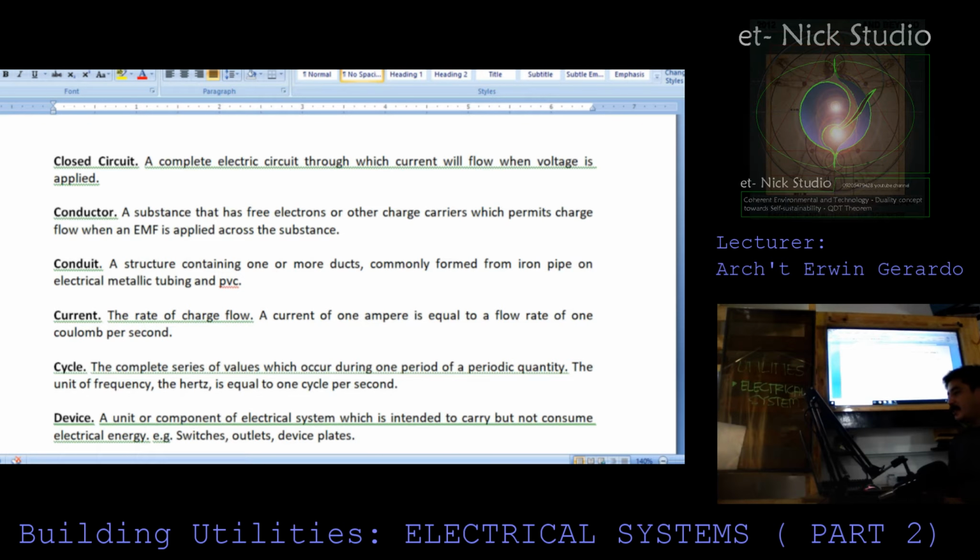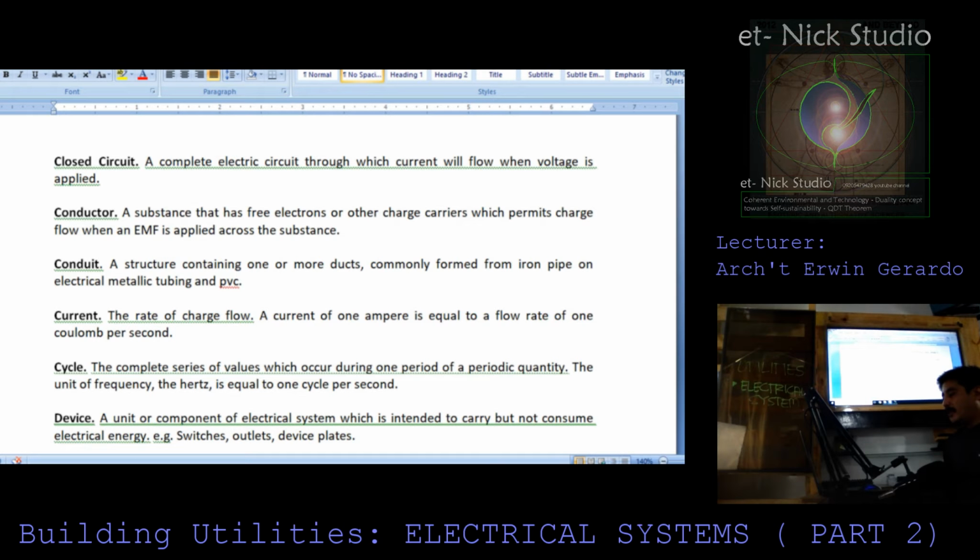Conductor, a substance that has free electrons or other charge carriers, which permits charge flow when an electromotive force is applied across the substance.